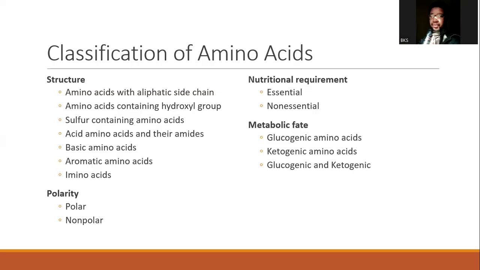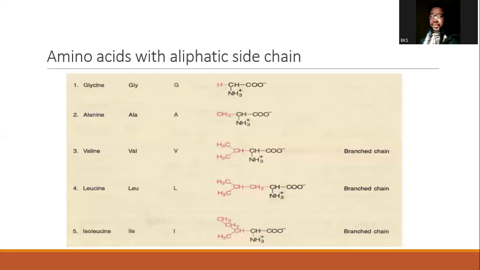And metabolic rate: what happens to these amino acids once they find themselves in the biological system was also used to classify them. So in today's revision, we will be looking at these four bases of classification and see why these amino acids were classified this way.